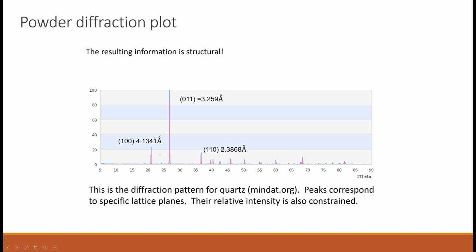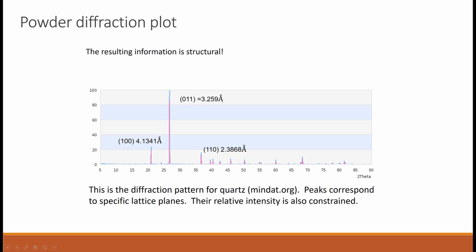So we can see that each of these intense peaks are high intensity of counts that tell us about which planes are generating this, at what spacing those planes have.